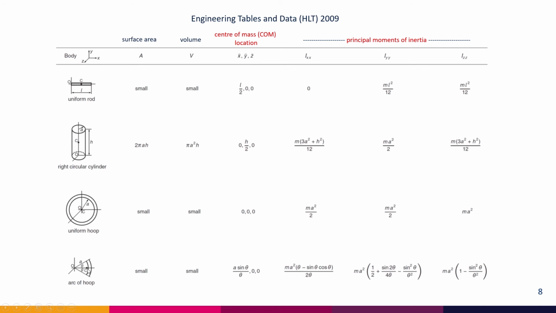So the position of the center of mass here depends on the radius A, and for the arc, it depends on this angle theta. And what I'd like you to note for the last two objects is that the center of mass is not actually on the body. So here it's in the center of the hoop, and here it's actually outside the arc of the hoop. And we'll come back to this in a few slides.